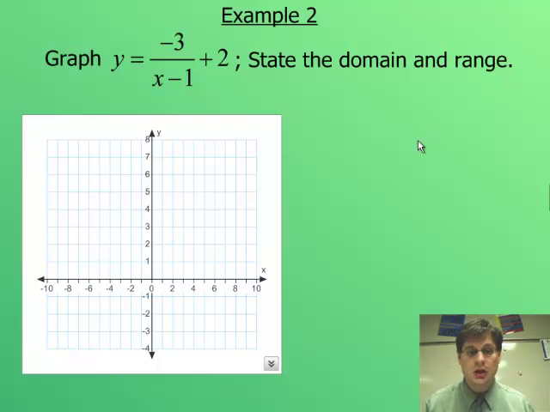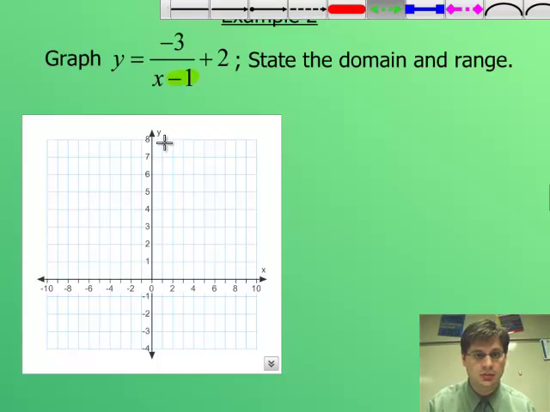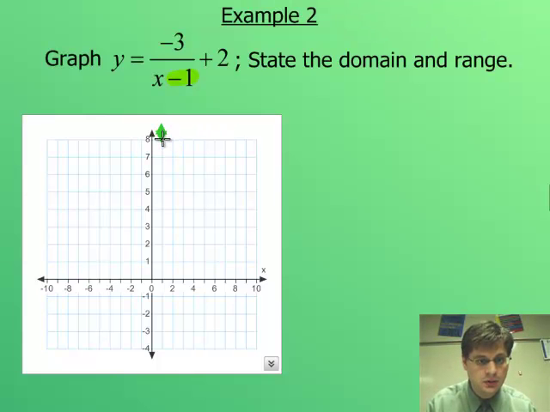So now with the -1, we can see that's going to be shifted right 1, and so our vertical asymptote is going to be going to the right one. So we'll draw that in. It'll be about here.